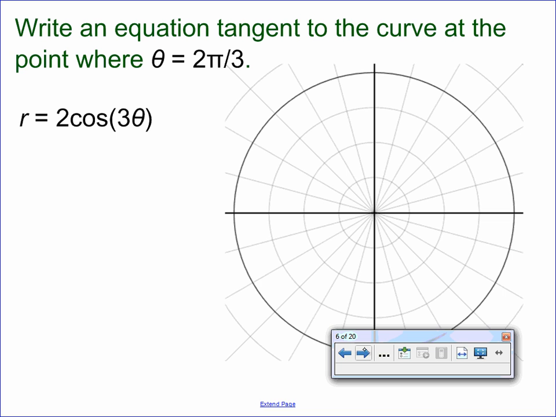Cool. So let's go ahead and write an equation to the curve at the point where theta equals 2 pi over 3. And we're going to start with r equals 2 cosine 3 theta. We know from last class that we'll be allowed to use our grapher for the majority of the polar-based problems for the BC test.